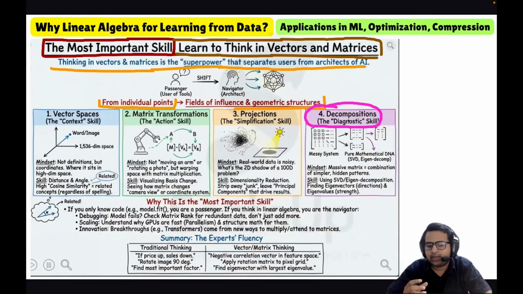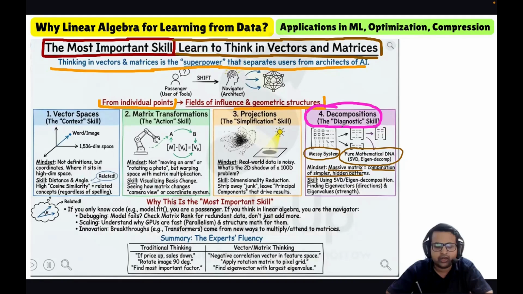Thinking in terms of decomposition means a massive matrix of user data, we break it into a combination of simpler hidden patterns. So a massive matrix equals a combination of simpler hidden patterns. We decompose a messy system into pure mathematical DNA, smaller matrices. That is thinking in terms of decomposition.